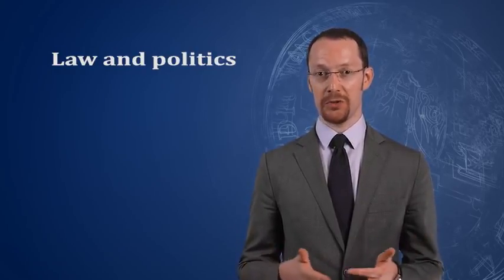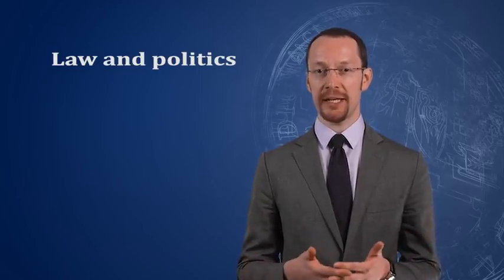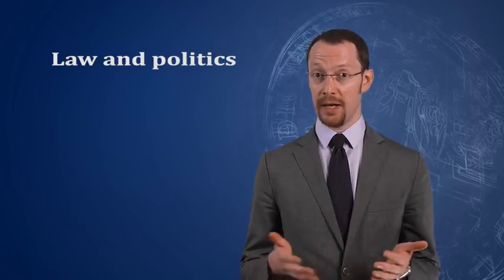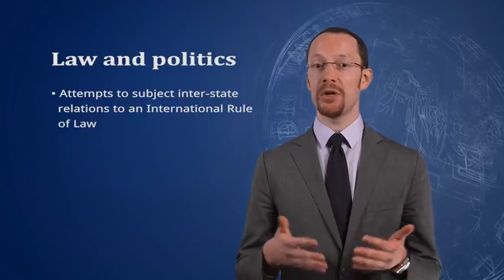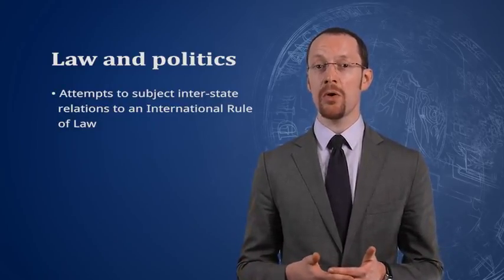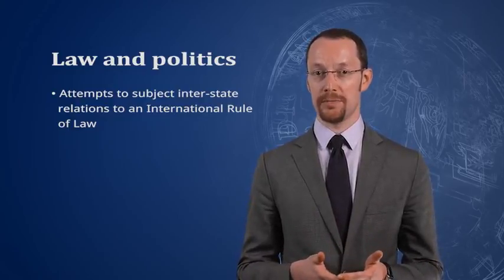We have seen in this module that in the 19th and 20th century, efforts were made to legalize diplomatic relations between sovereign states. Perhaps it is better to say that they were attempts to subject interstate relations to an international rule of law, meaning to create an international law that would manage states' behavior and control power structures.